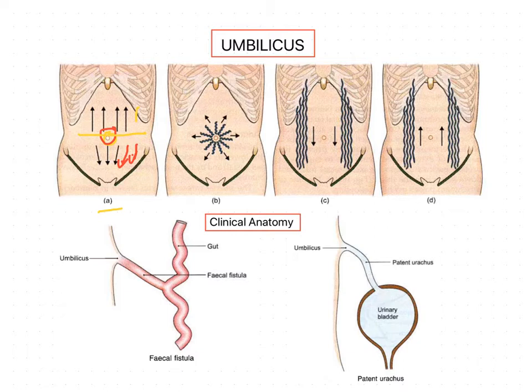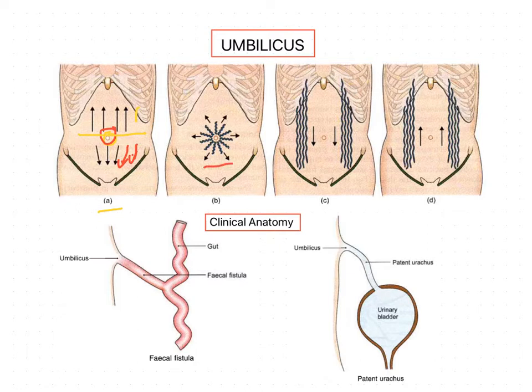And this umbilicus is one of the important sites at which the tributaries of the portal vein, which drains blood from the liver, anastomose with the systemic veins, commonly called portocaval anastomosis, which takes place at the umbilicus. Okay. In the case of portal hypertension, these anastomoses open up to form dilated vessels.